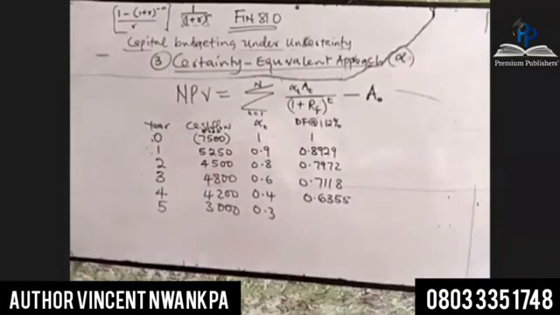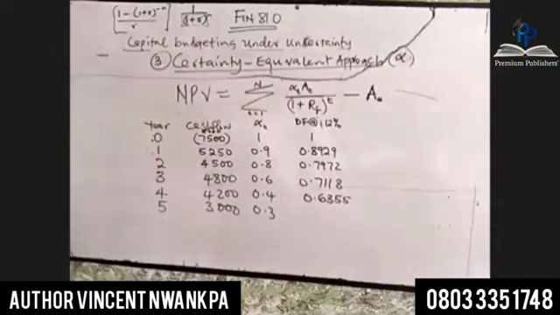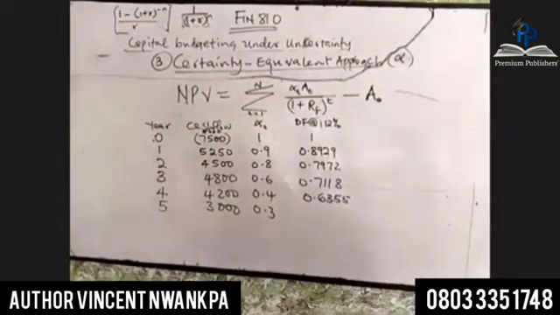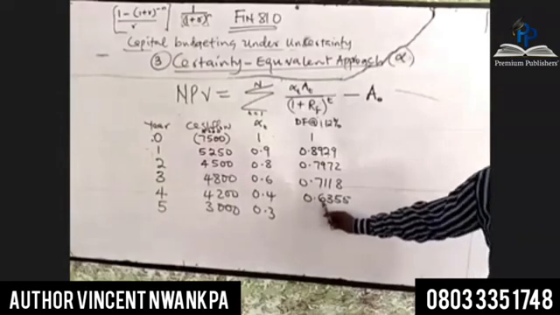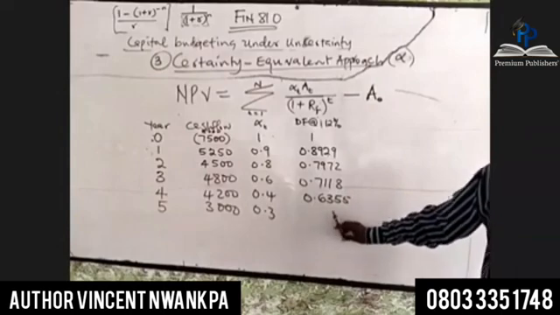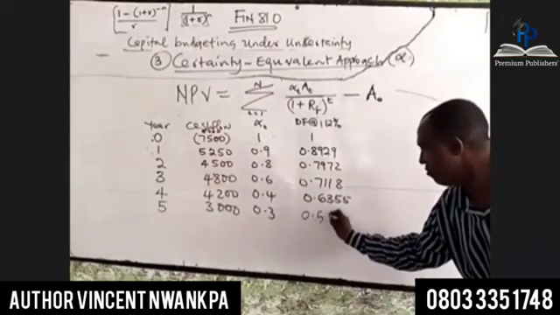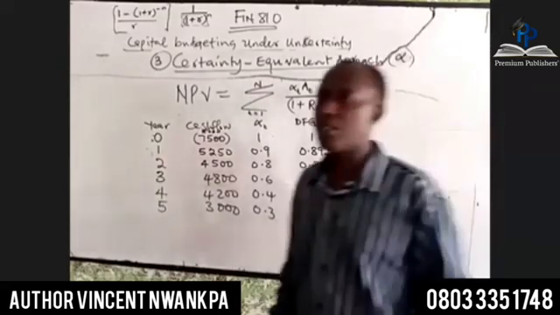The former one did not get to year 4, right? Now divide this year 4 by 1.12 so that we can get that particular value for year 5. It is 0.5674. Any questions?